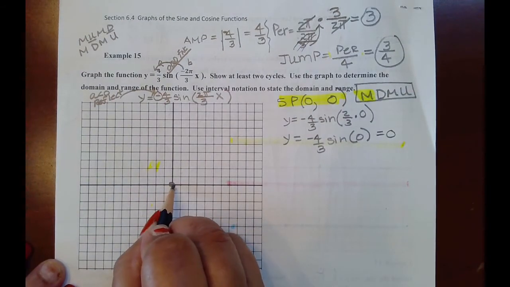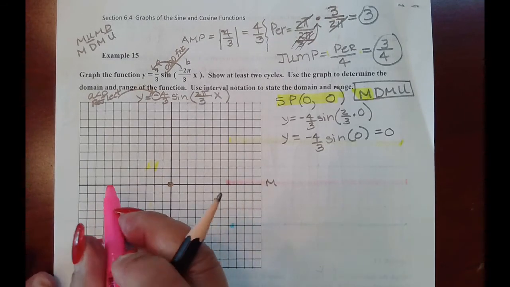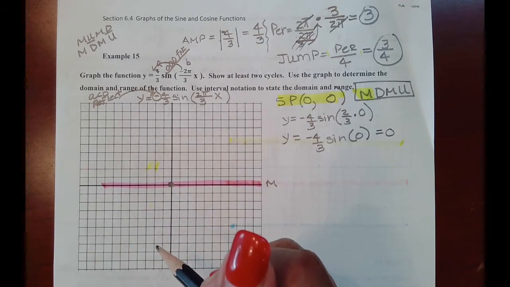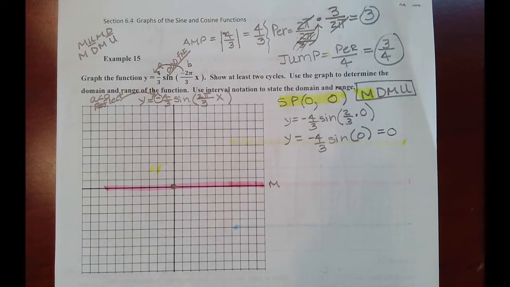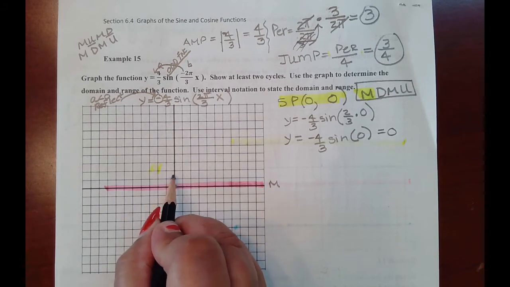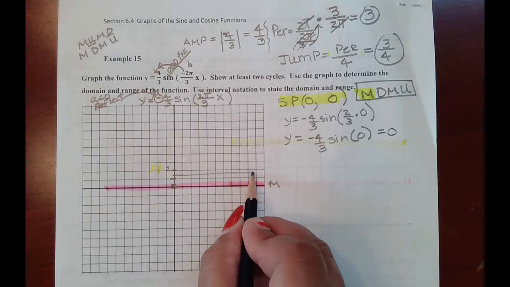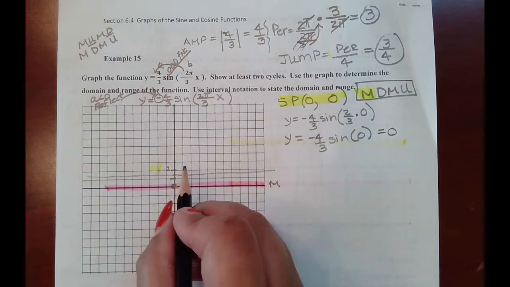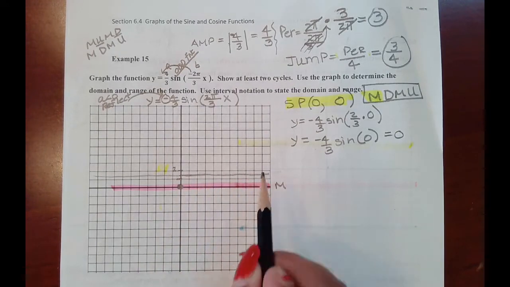Okay, so here's 0, 0. We're at the middle level there. And then the amp separates the upper level and the lower level from the middle. So our amp turned out to be 4/3. So this will be 1 and this will be 1 1/3 because this is going to be 2. So 1 1/3 is about right there. About 4/3. 1 1/3 is the same thing as 4/3.